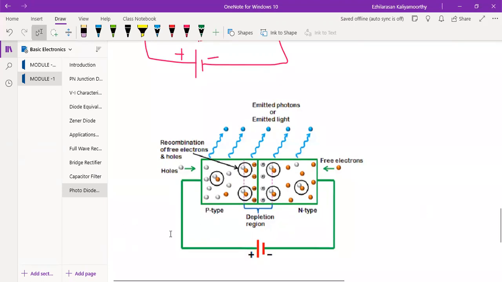You may think, what is the difference between the normal diode and this LED? When the LED is forward biased, the free electrons from the conduction band recombine with the holes in the valence band and release the energy in the form of light.